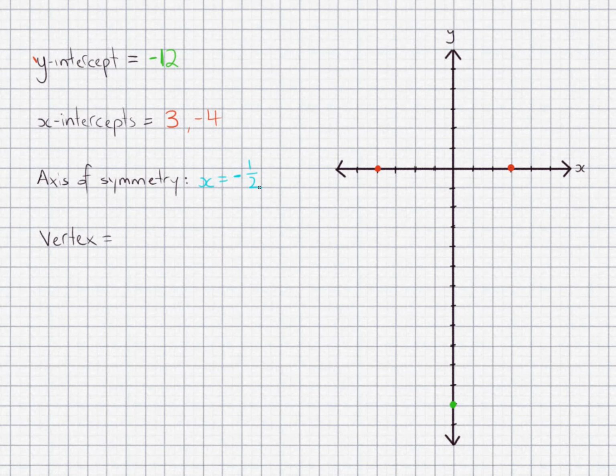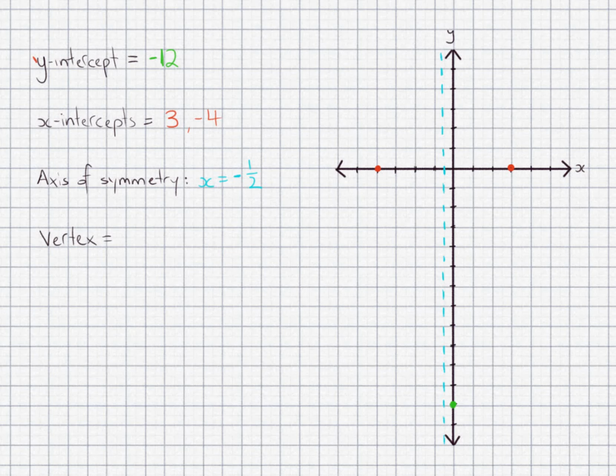So this is a vertical line at x equals negative 1/2. Let's draw, just dotted, our axis of symmetry vertically down the page. It is about this line that the parabola will mirror. It will be exactly the same on either side.